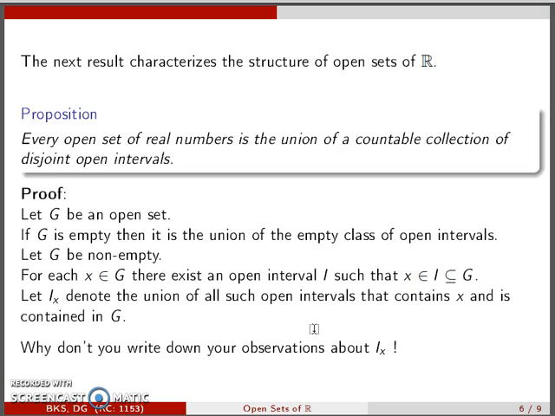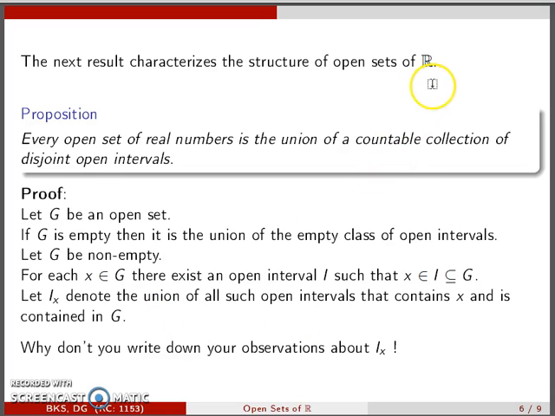So we know the definition of open sets: a finite intersection of open sets is open, and an arbitrary union of open sets is open. Next, a very important characterization of the structure of open sets in R. Remember, this is not true for arbitrary open sets, which you may have learned in topology or may not.